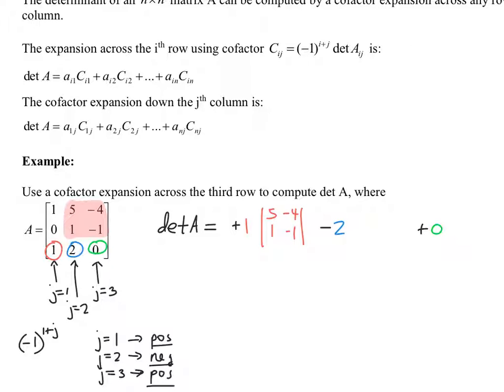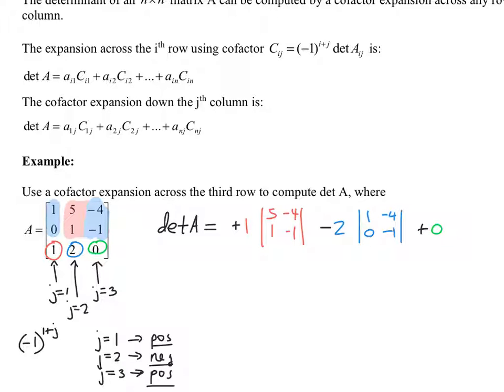Then for the second one, we're ignoring the middle one, so I want this one and this one. So 1, negative 4, 0, negative 1. And then the last one, I'm just going to ignore. I'm not going to write a matrix out just to cancel it. I know the coefficient is 0, so that's where I'm going to leave it.